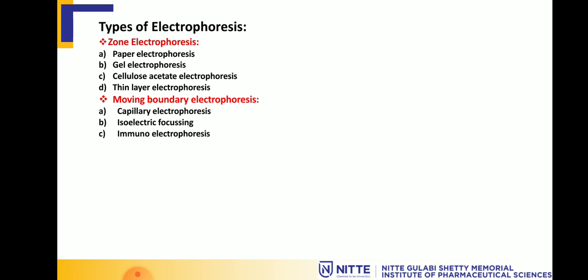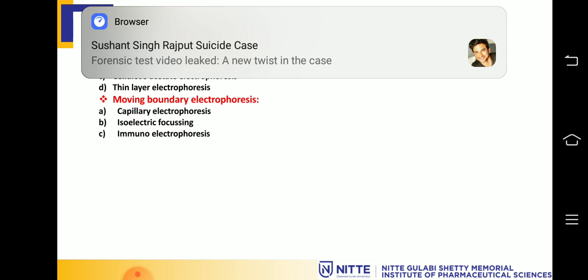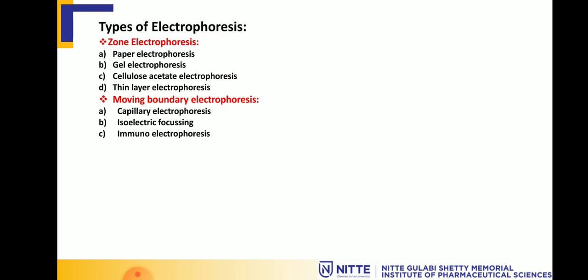The first classification is zone electrophoresis, and the next is moving boundary electrophoresis. In zone electrophoresis, you have paper electrophoresis, gel electrophoresis, cellulose acetate electrophoresis, and thin layer electrophoresis.